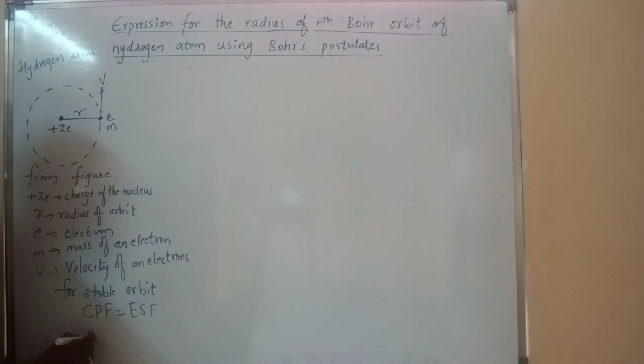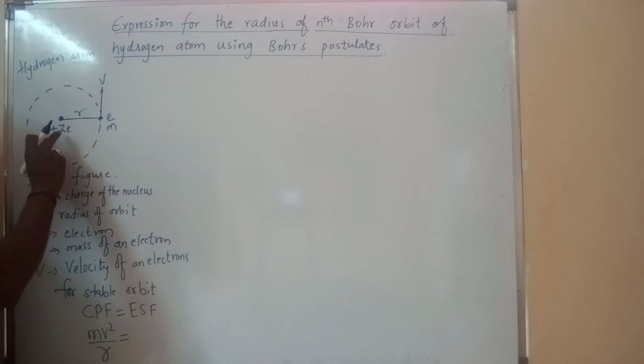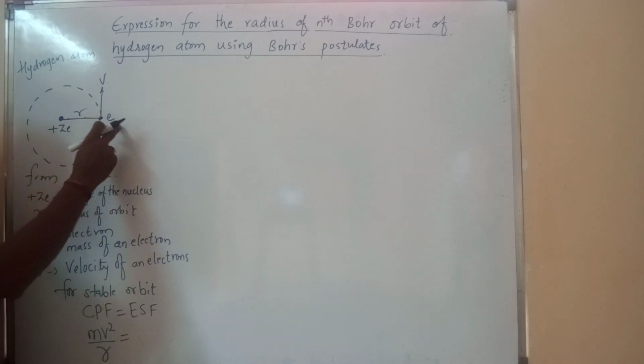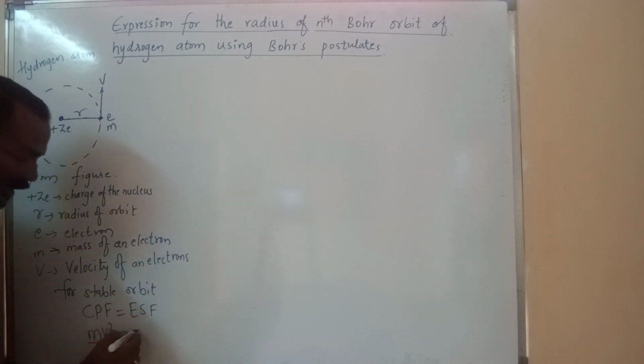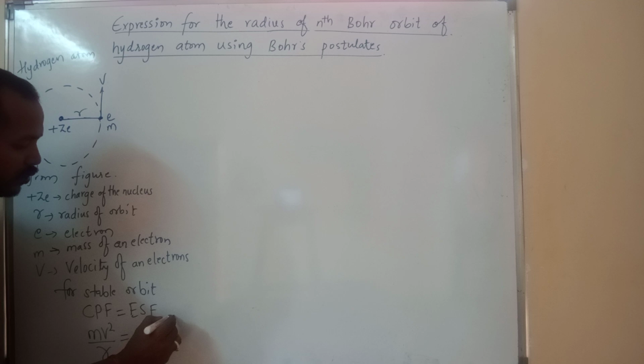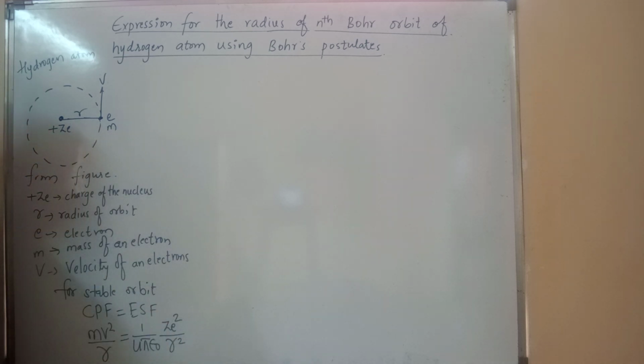The centripetal force is mv square upon r, which is equal to the electrostatic force between the nucleus plus Ze and the electron e in the orbit, that is 1 by 4 pi epsilon naught Ze square upon r square. This is equation number 1.